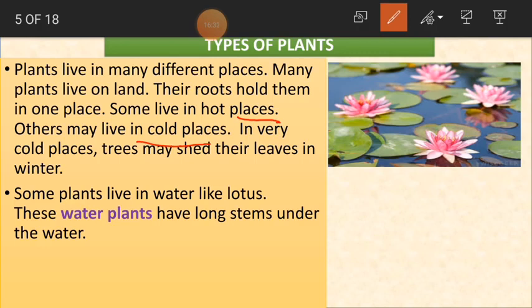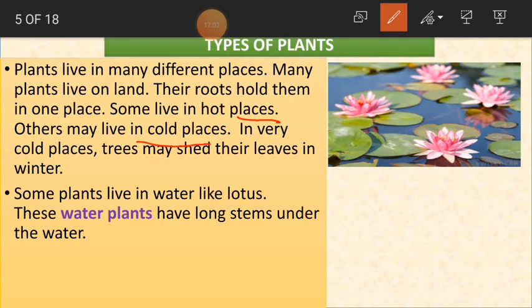Okay, for example, we have seasonal fruits like mango. Do mangoes come in every season, children? Can we have mangoes throughout the year, from January till January of the next year? No, we get mangoes only in summer. Why?